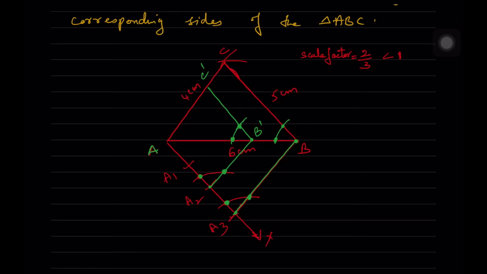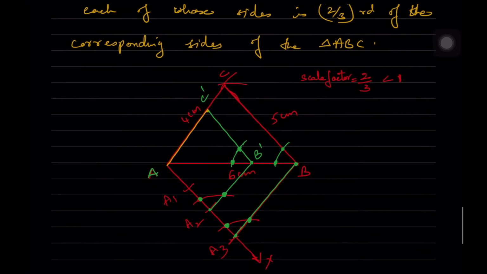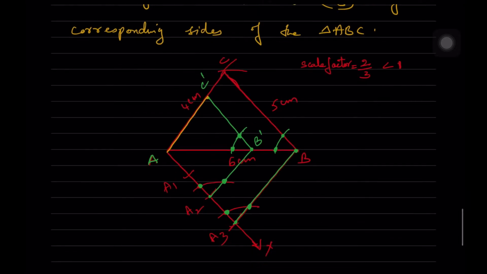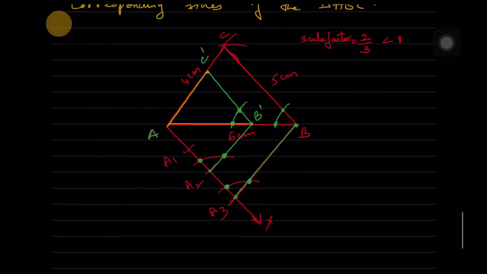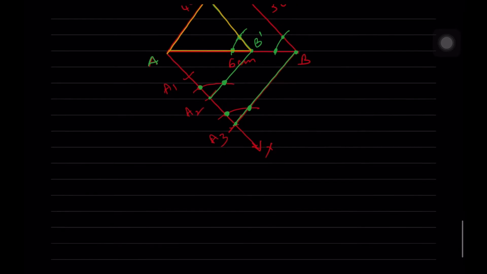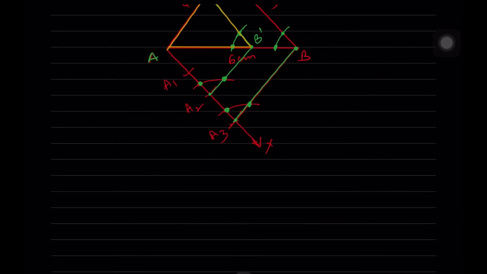I'll just draw it in a different color from the original one. A, B dash, C dash is the required triangle.